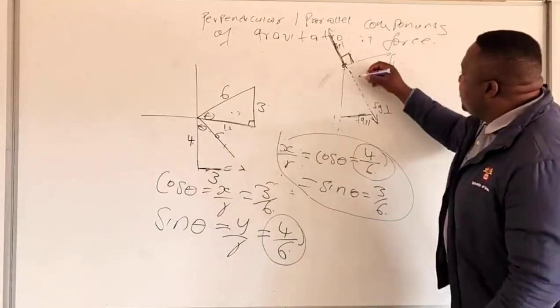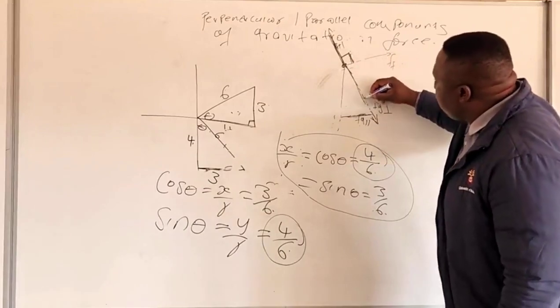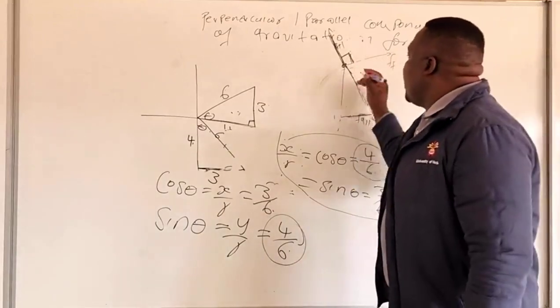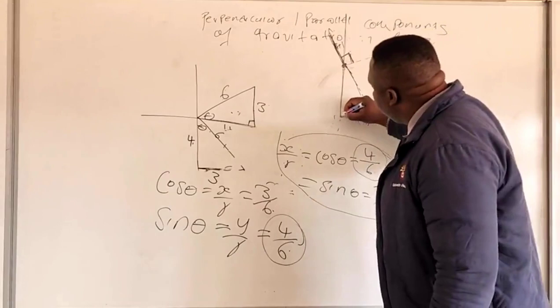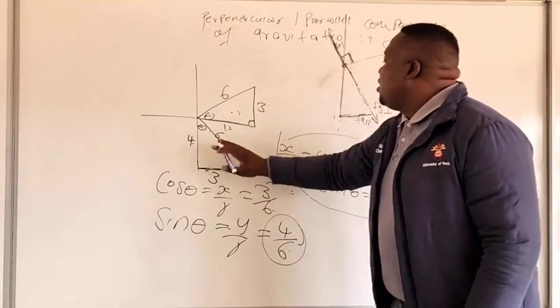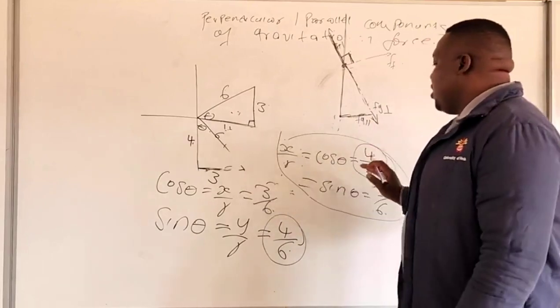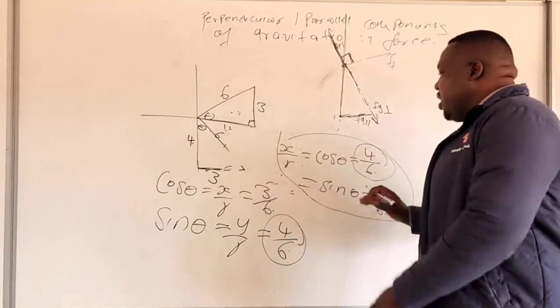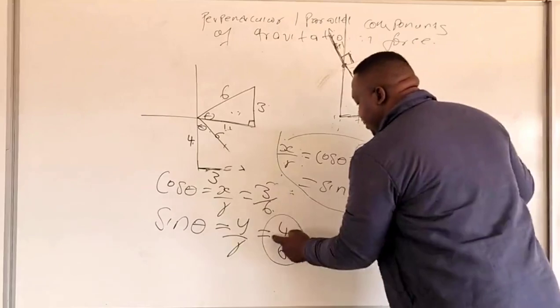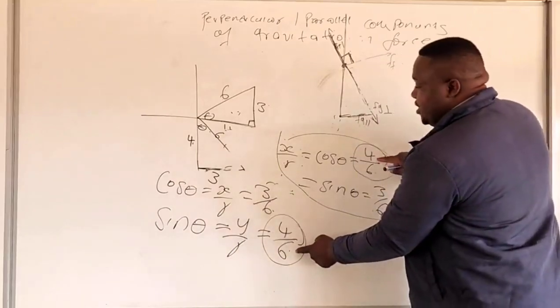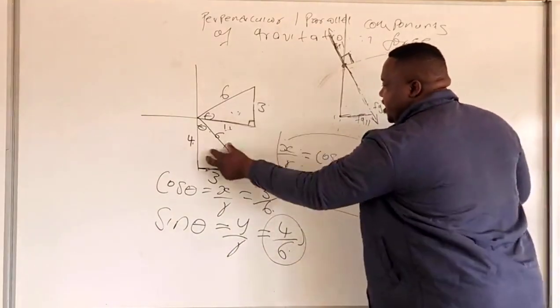You can see that this is what is FG parallel. This is the Cartesian plane, and this triangle looks like this one. That's why cos will become sine. You can see that sine is 4 over 6, and this side 4 over 6 is cos, between this triangle and this triangle.